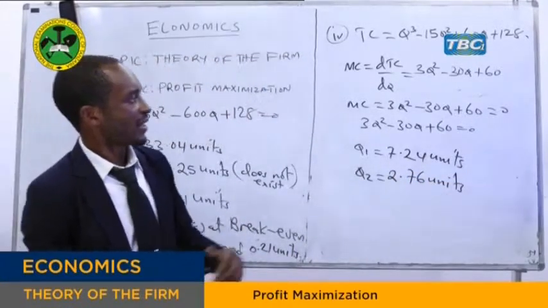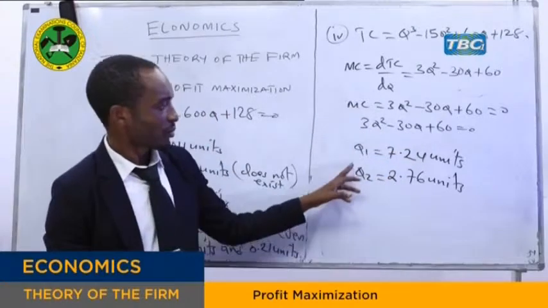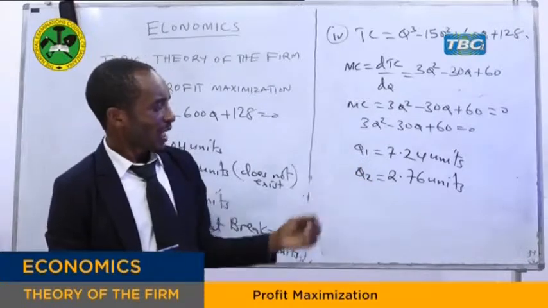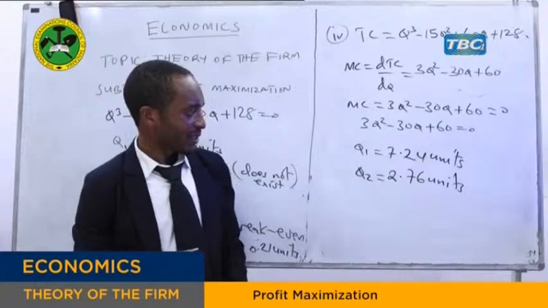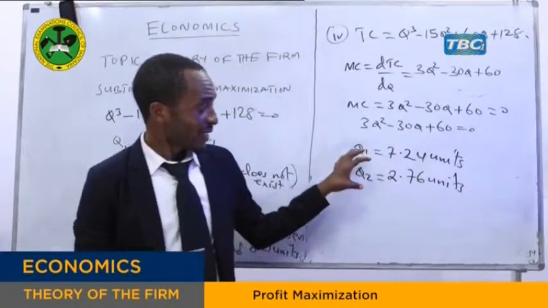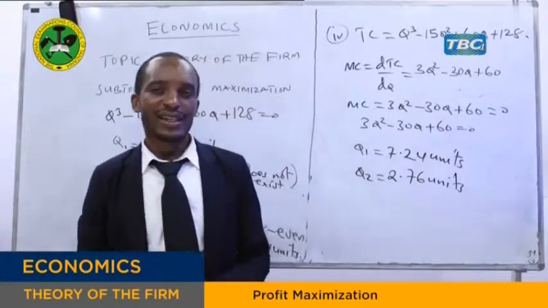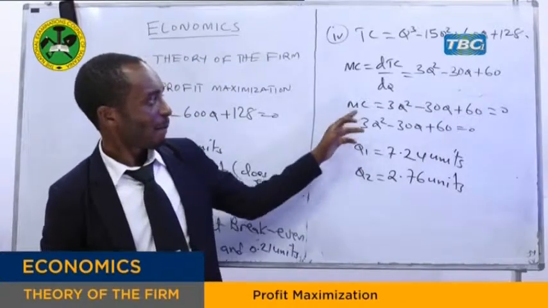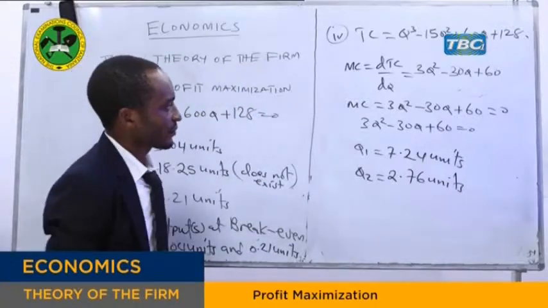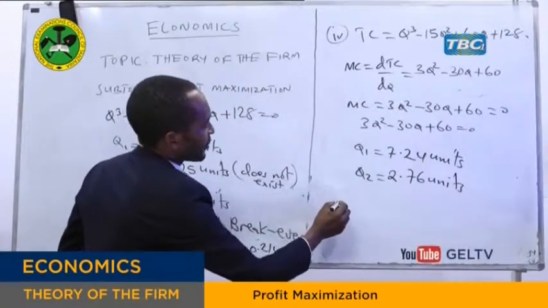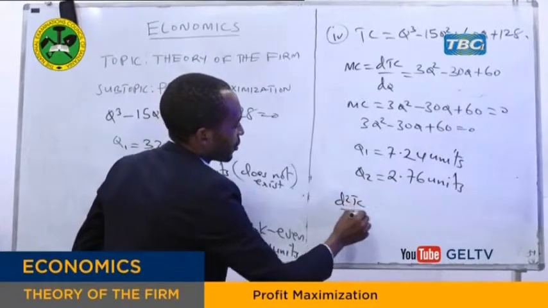So solving this quadratic equation will get two values. So now here you need to find which output minimizes the costs. In order to find the value which minimizes the cost, you need to find the second derivative of the total cost.